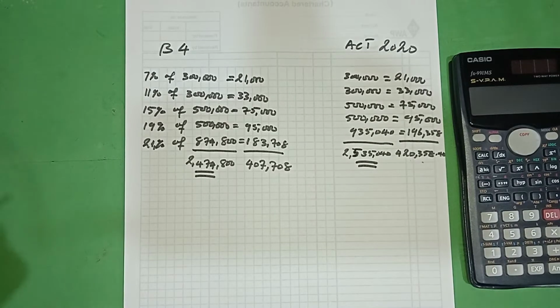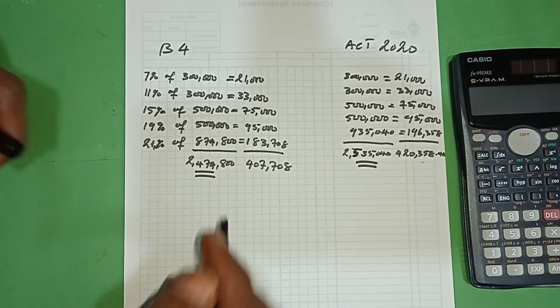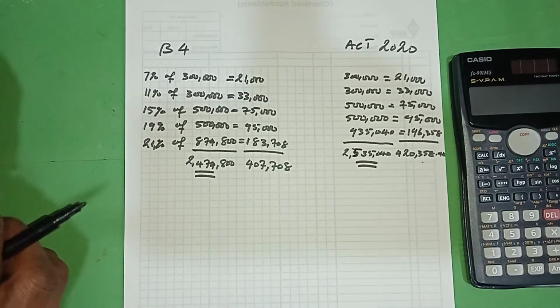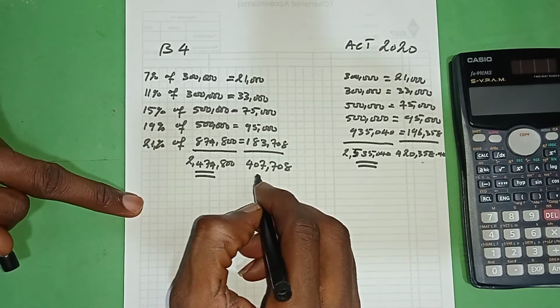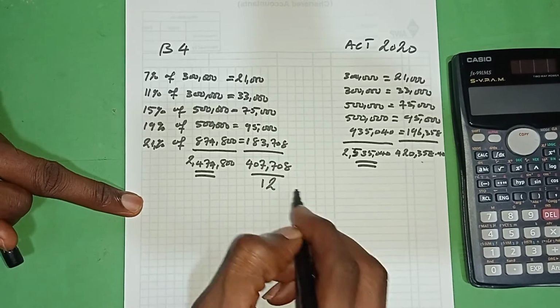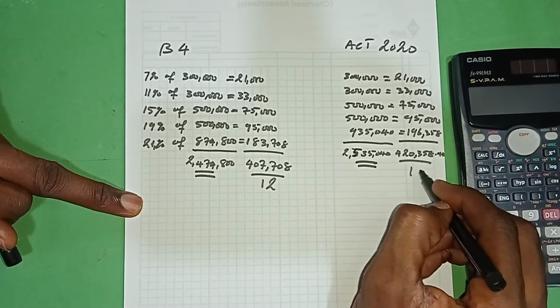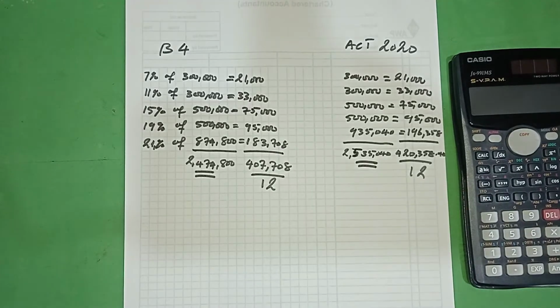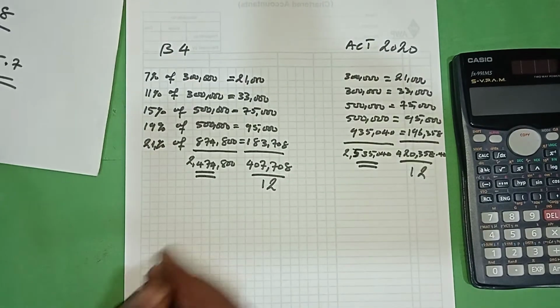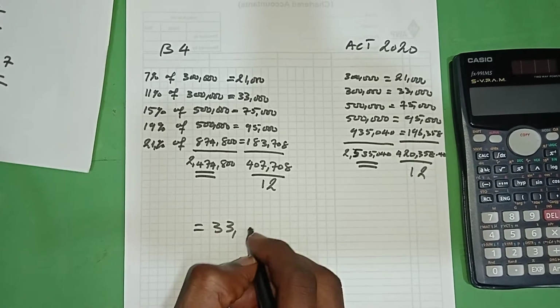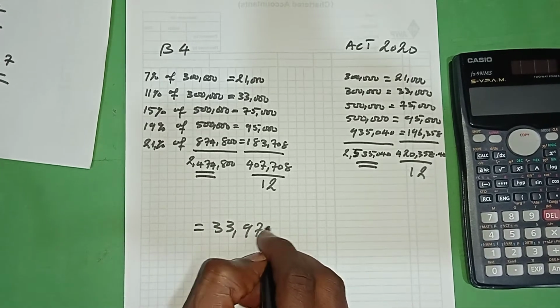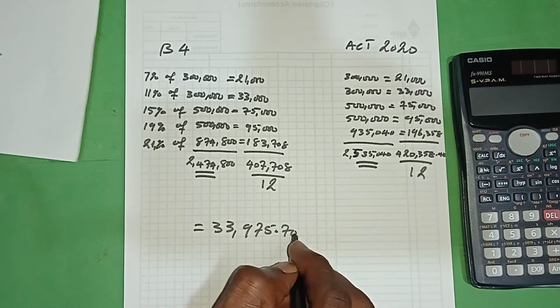Now, for us to get the amount we charge for each month, I said in our previous video that we're going to divide this by 12, the tax liability by 12. And once you divide it, it's going to give us 33975.70.